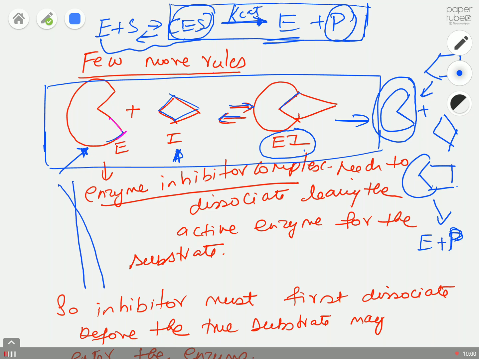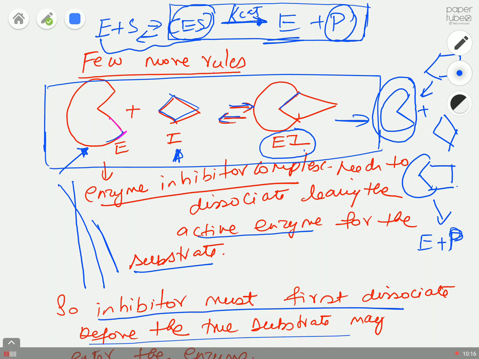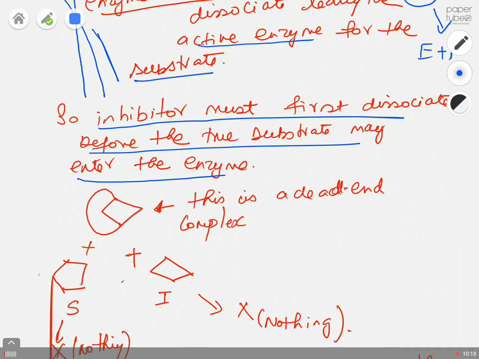This enzyme inhibitor complex needs to dissociate, leaving the active enzyme for the substrate. This is something that should happen during the course of your enzymatic reaction. Your inhibitor must first dissociate before the true substrate may enter the enzyme. So that's something you have to remember.